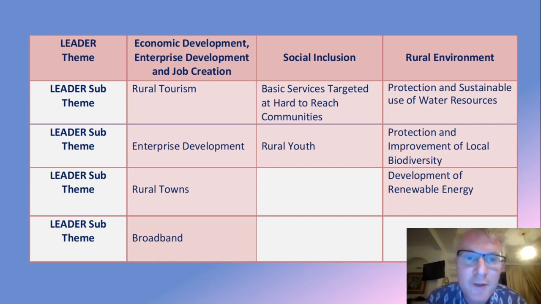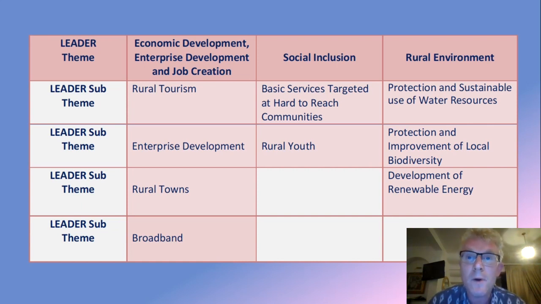Under this category, Ireland prioritised the development of projects around rural tourism, enterprise development, and a very specific area here was the development of social enterprises within rural areas. And I've uploaded a paper for you here around this topic, so you can read in your own time. They also prioritised rural towns and the rollout of broadband in rural areas.